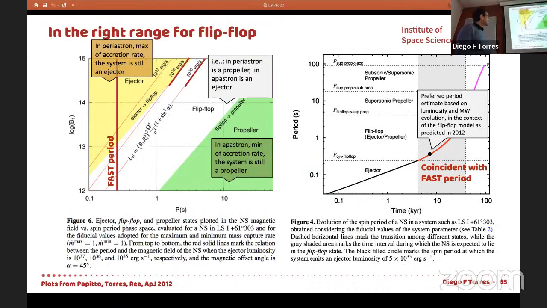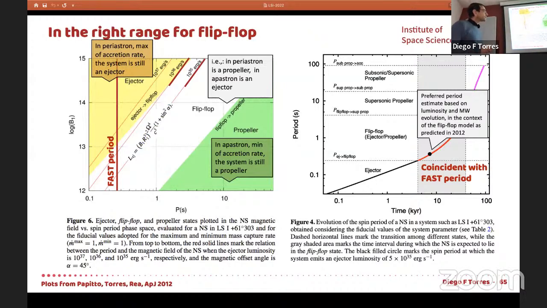And actually, if you recall this plot, this is the FAST period in this plot. So it is compatible with the system being just an ejector, so the system being here all the time, or the system being here and flip-flopping. We do not know, because we do not know the P dot for the moment, so we do not know the magnetic field estimation.